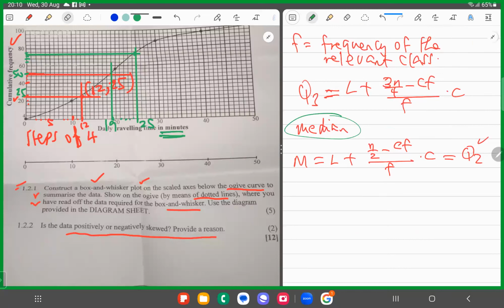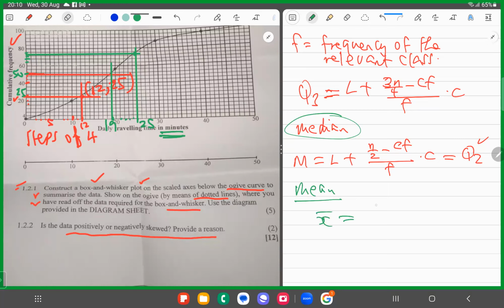But you must also know how to calculate the mode. Because you can find the mean, we spoke about the mean before. What is the formula for the mean for grouped data?